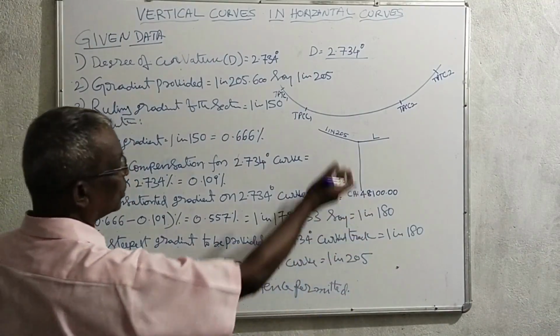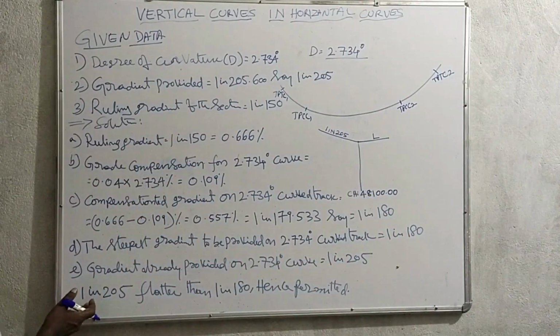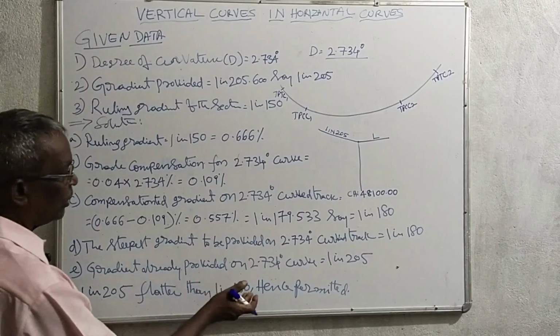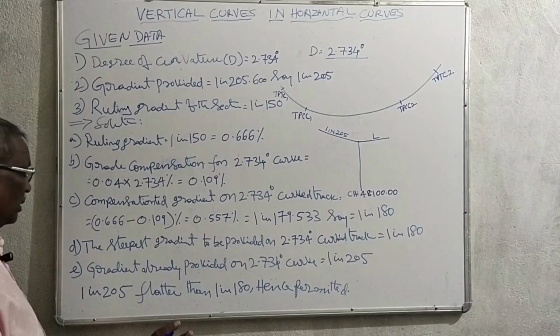We can compare both. Here 1 in 205, here 1 in 180. 1 in 205 is flatter than 1 in 180. Hence it is permitted. Keep it in mind.